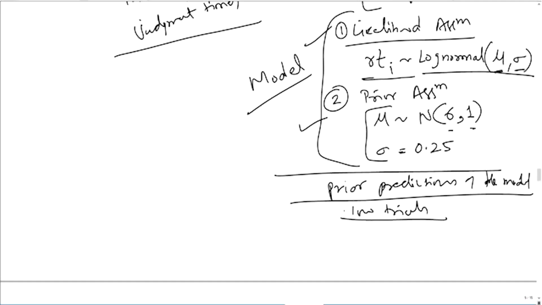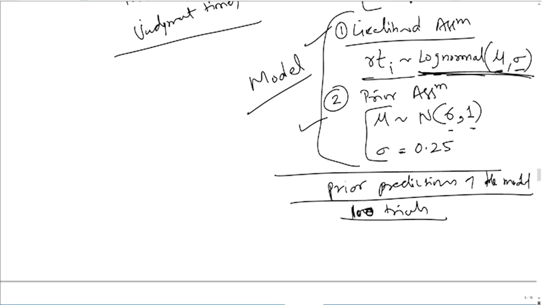That will depend on how many trials you are planning in the experiment. So you generate as many trials as you are planning. Let's say 100 trials, just for simplicity. Can you generate reaction times for 100 trials under the assumption that the reaction time in the ith trial comes from a log normal distribution?